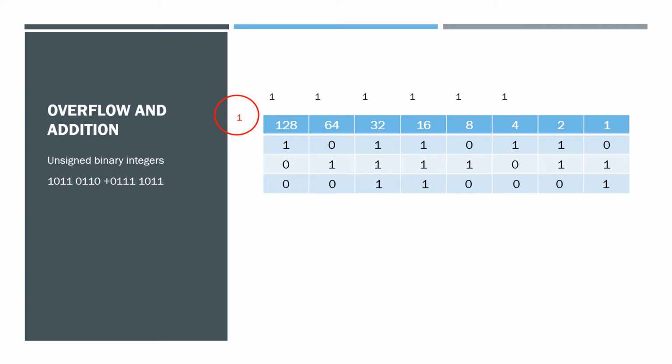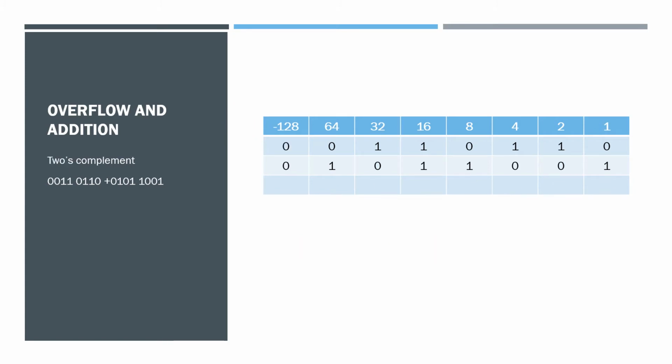So our calculation basically has gone wrong. And the result, if we worked out what those three numbers were, 182 plus 123 equals 49. I mean, clearly wrong, and overflow has produced that error. It's not overly often that that comes up in the exam, but it is quite an important principle in binary maths.